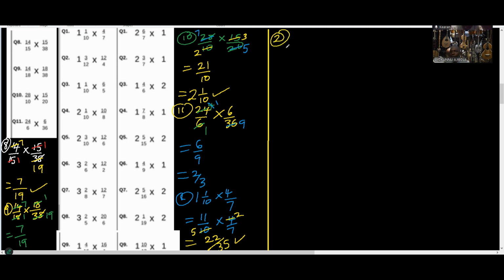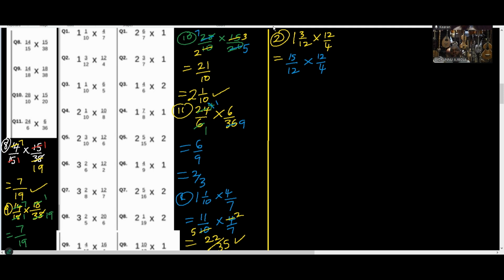Then number 2, we have one whole number 3 over 12 times 12 over 4. But let's change this to 12 times 1, that's 12, plus 3, that's 15 over 12 times 12 over 4.